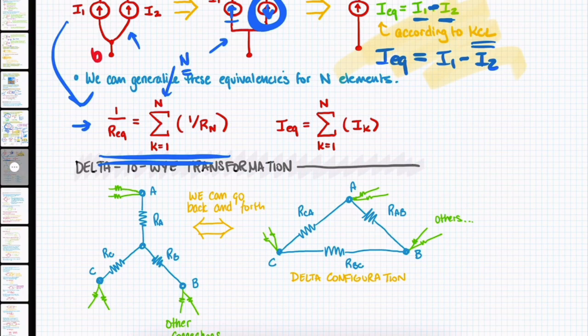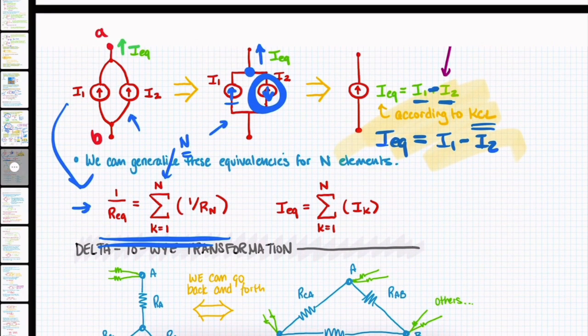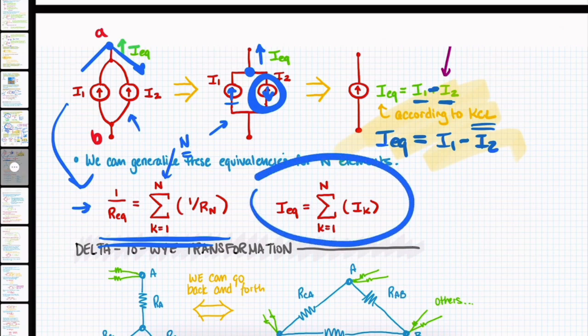Because there's no requirement for the parallel connection that nothing else be connected here, we can connect other things if we wish. We can generate an equation that applies to a larger number of resistances. And same thing over here for the currents. This, as you imagine, looks a lot like KCL.